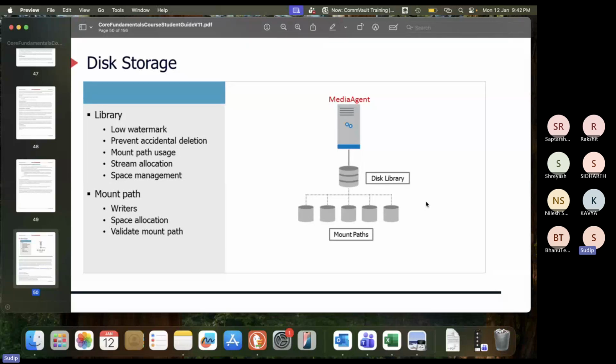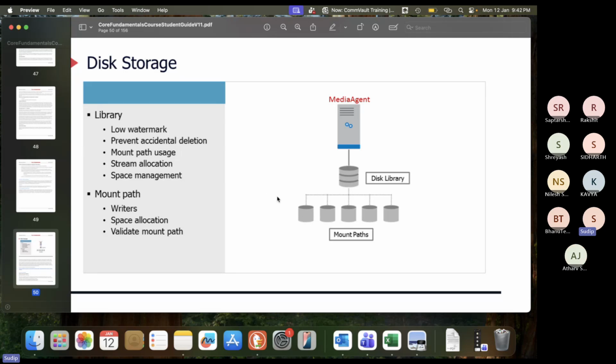If it is a tape, it will be called a tape library. And if it comes from cloud storage like Amazon S3 or Azure Blob, it will be called a cloud library. The term is library; it is a storage library.